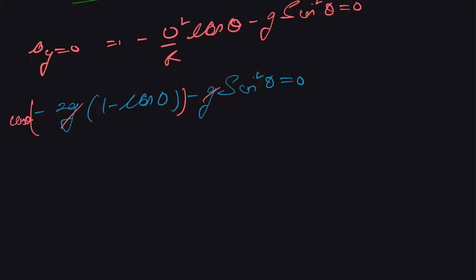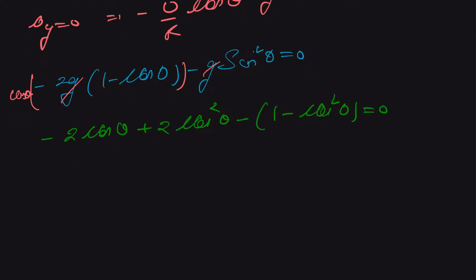So we get minus 2 cos of theta plus 2 cos square of theta minus sin square of theta, and we can write this as 1 minus cos square of theta, equal to 0.